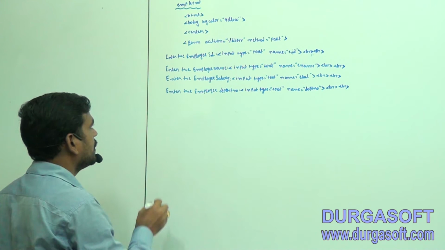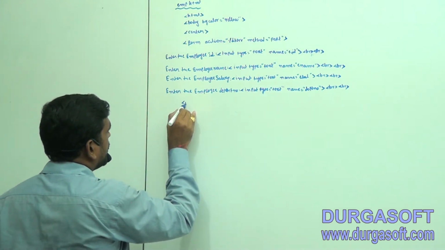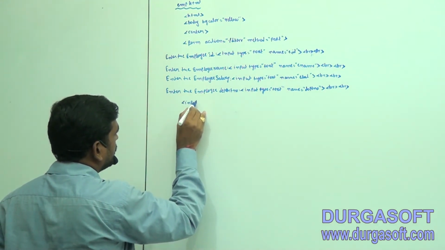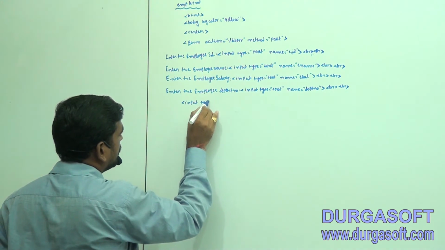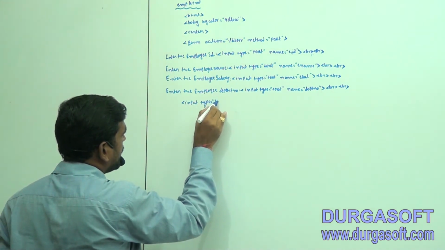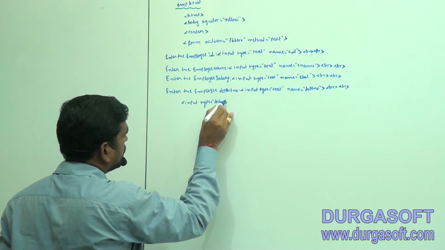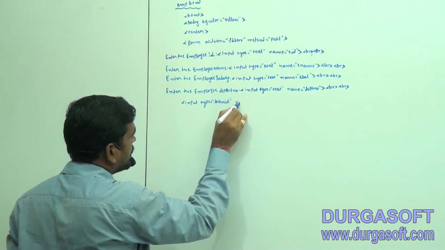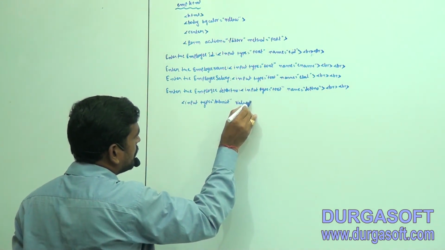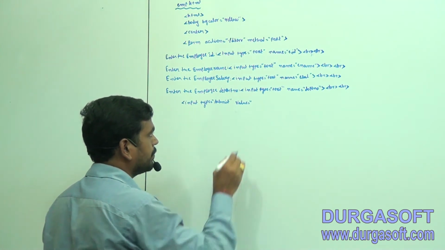The next, input type is equal to submit, value is equal to store employee.